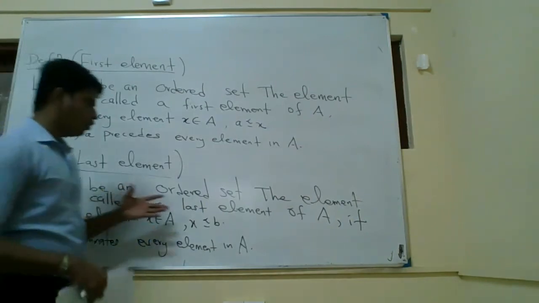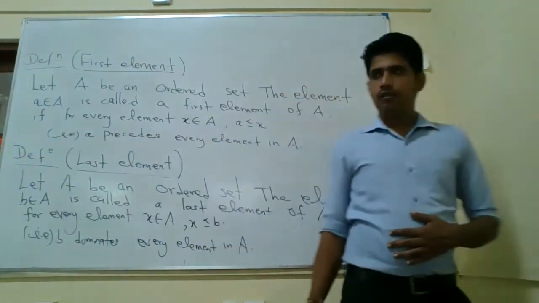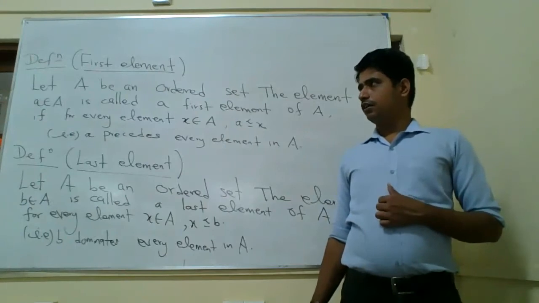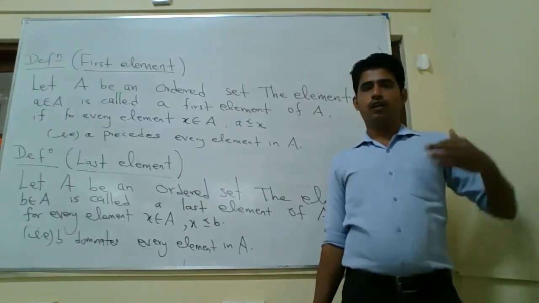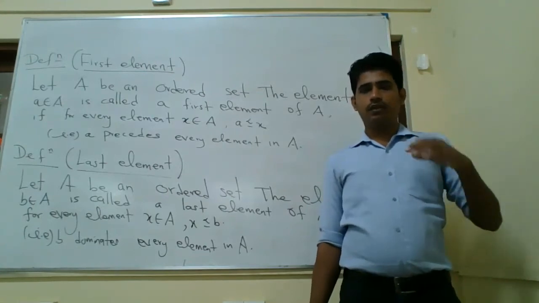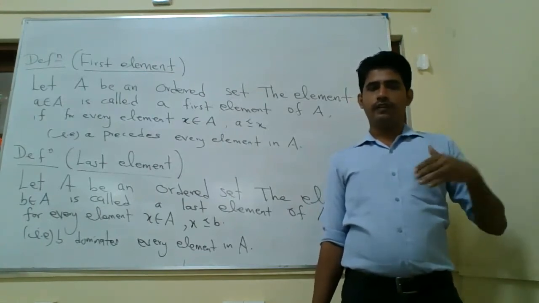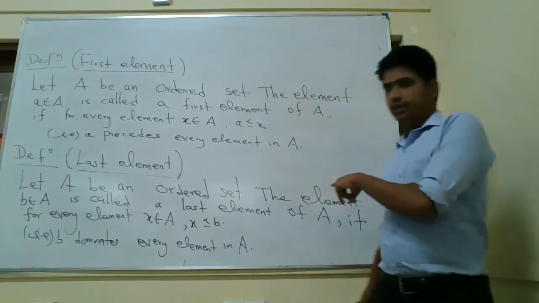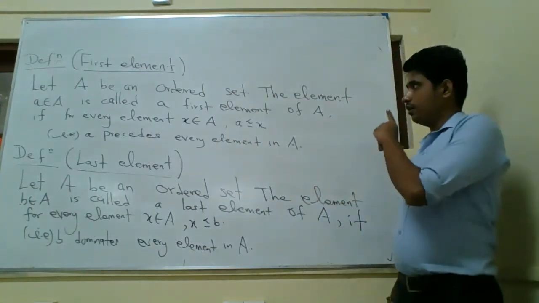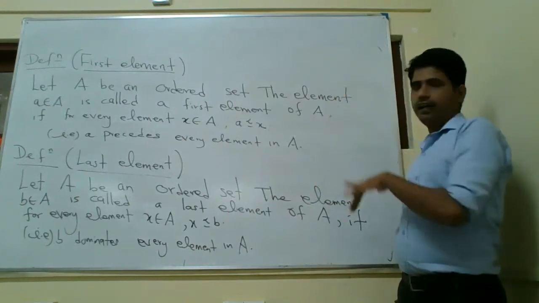Suppose you have more than one minimal element, then you can't find a first element. From the maximal and minimal elements, you can understand the first element and last element. Now we will discuss the example for the first element and last element.